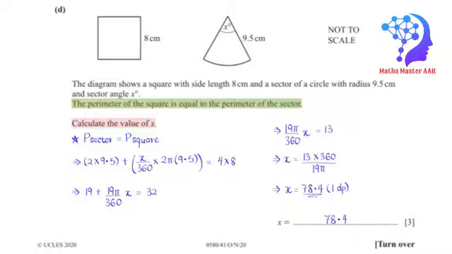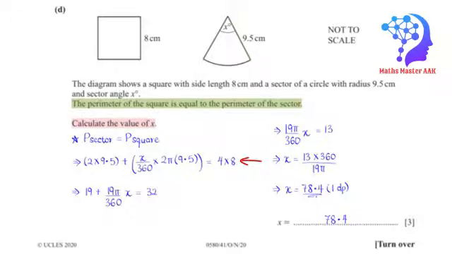We've been told that the perimeter of the sector is equal to the perimeter of the square. The perimeter of the sector is equal to 2 times 9.5 centimeters plus the arc, which is x over 360 degrees times 2 pi times 9.5, and the perimeter of the square is 4 times 8.